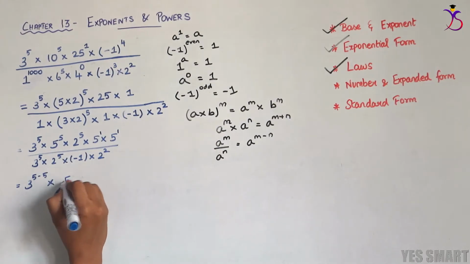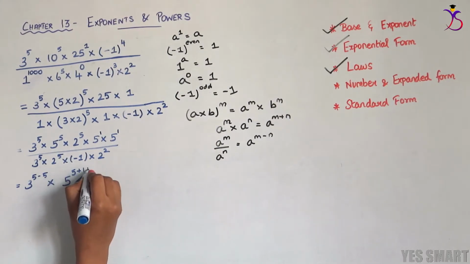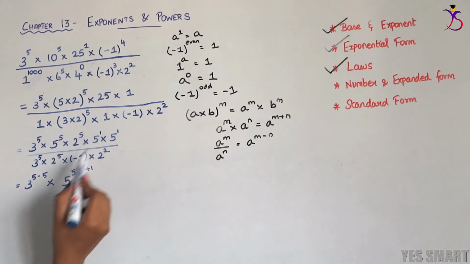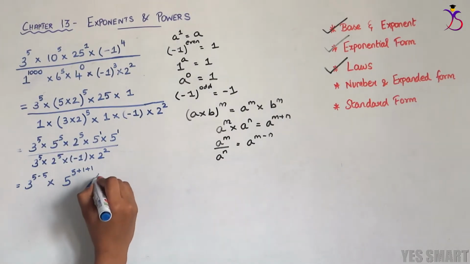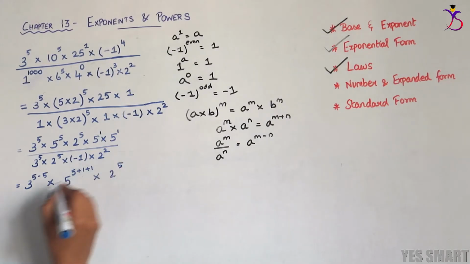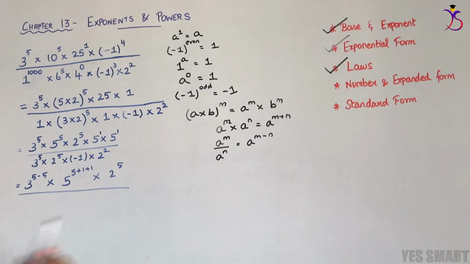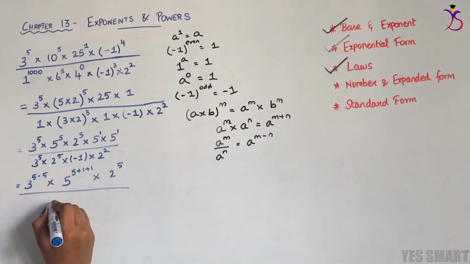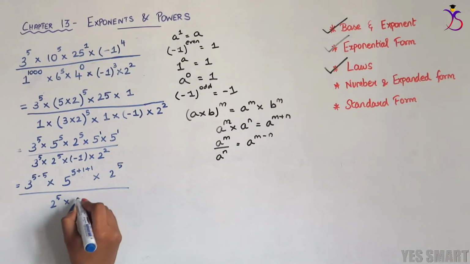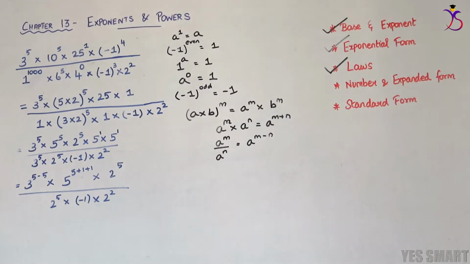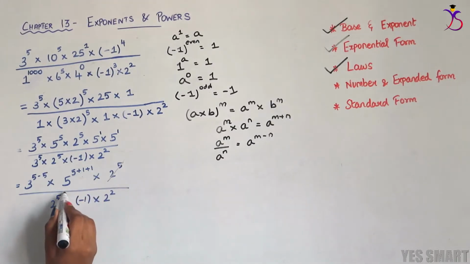So we have 3 same bases, that is 5 to the power of 5 plus 1 plus 1, and into 2 to the power of 5, the remaining term, just writing it as it is, divided by 2 to the power of 5, because the first term we have already taken it to the numerator, into minus 1 into 2 to the power of 2. 2 to the power of 5 I can cancel from both numerator and denominator.